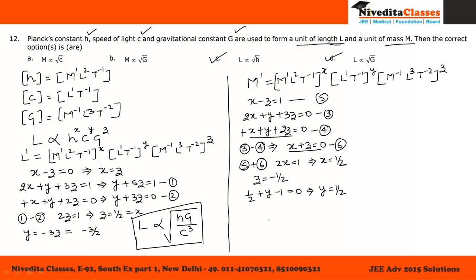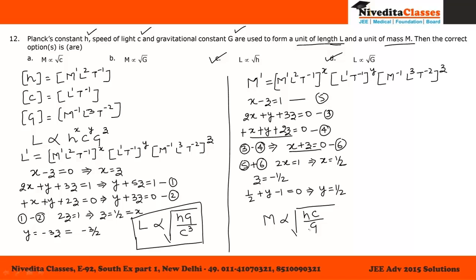So this will give me m as directly proportional to root of h in the numerator, and then we have c, and in root we will have g.